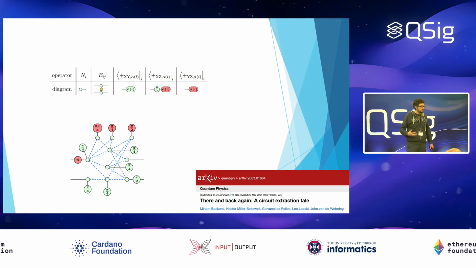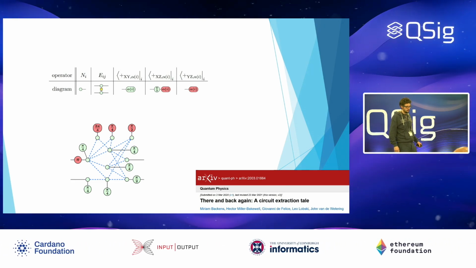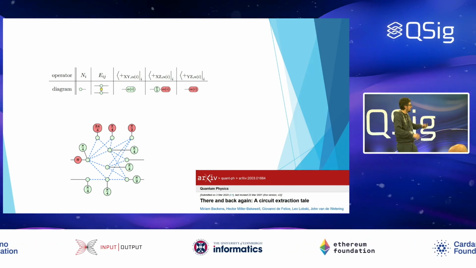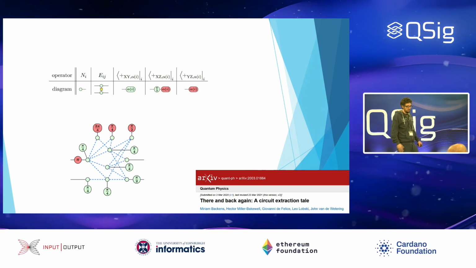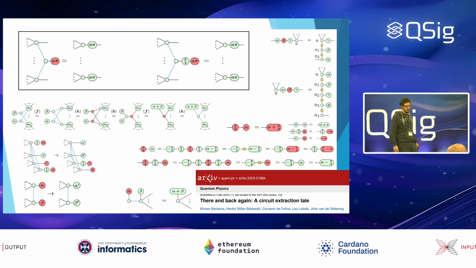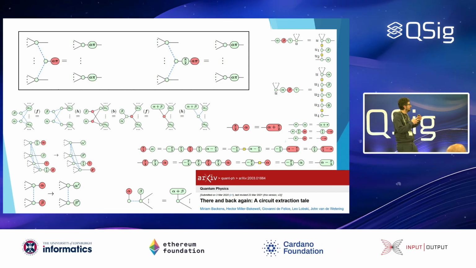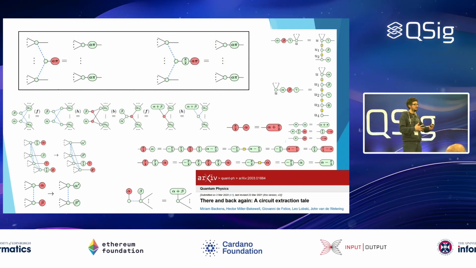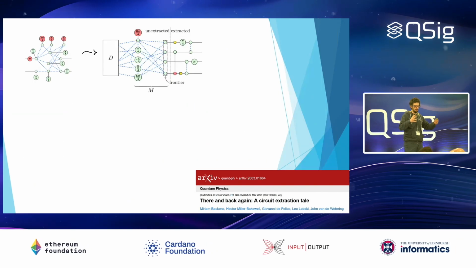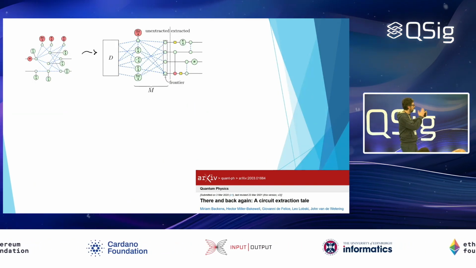And indeed, some of these techniques just do that. You take a big graph, you think of it as a measurement-based pattern, and then you apply a bunch of rewrite rules, simplify it so that you have just finitely many simple cases that you have to handle. And then from those simple cases, you know the pattern to extract a circuit.